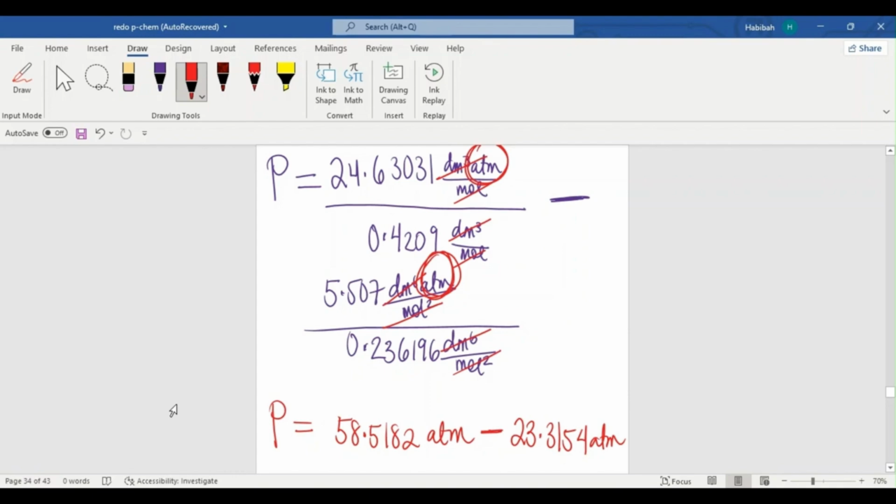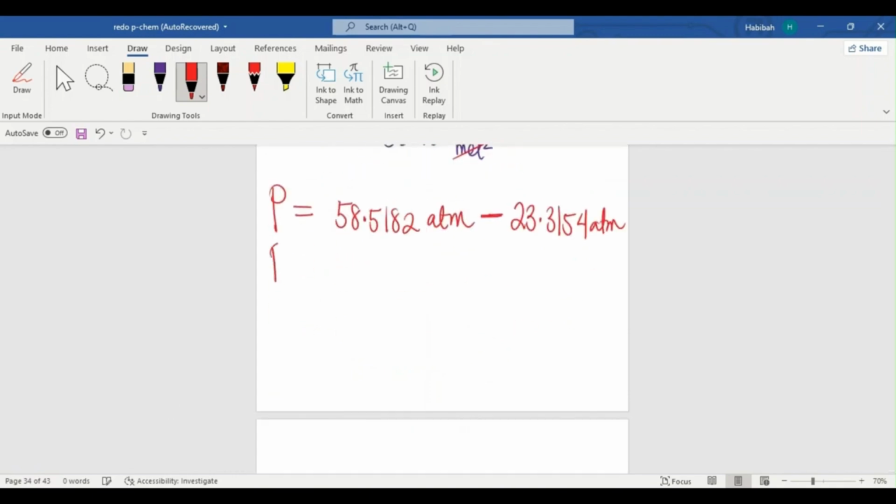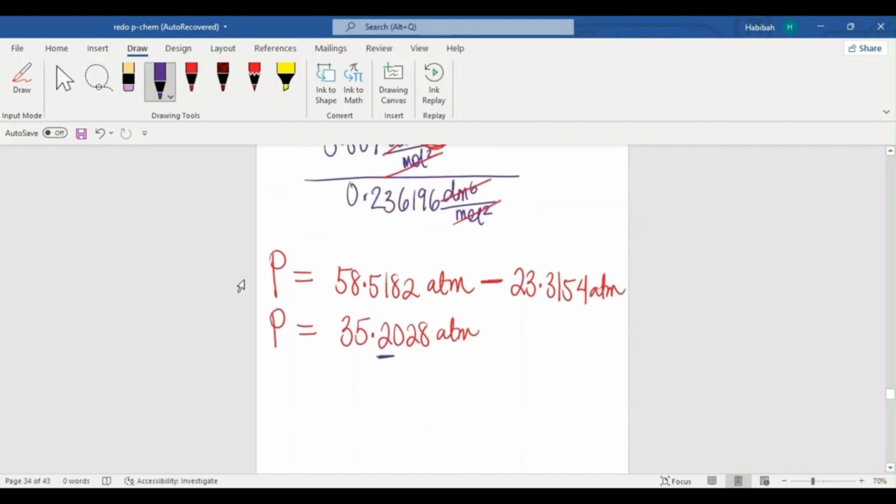So yeah, that's basically the answer. So pressure is equal to 58.5182 minus 23.3154, which is just simply 35.2028 atmosphere. So, of course, we can do this in three sig figs. The reason why I'm doing three sig figs is what I said earlier.